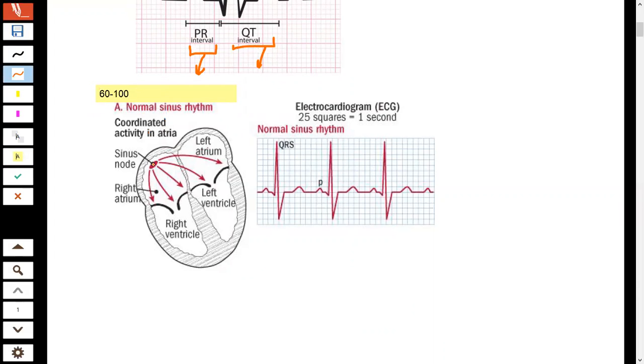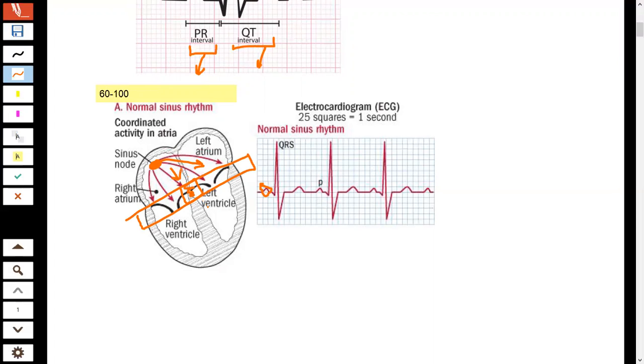So if I draw the SA node here, the SA node is sending impulses to the atrium, as a result of which the atria depolarize. As a result of the atrial depolarization, we get the P wave. Then the current passes through the AV node and annulus fibrosus; this part of the voltage is not shown on the ECG wave because it is too small to be detected.